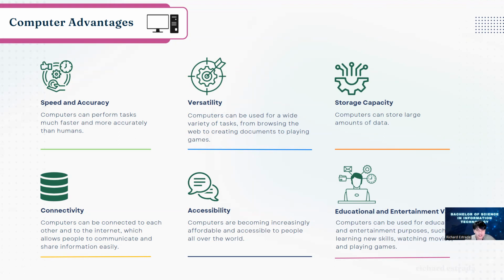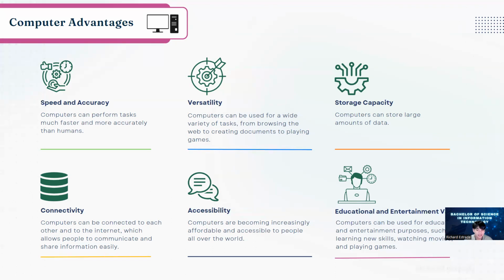Also, computers have versatility. Computers can be used for a wide variety of tasks, from browsing the web to creating documents to playing games. Versatile, and it can also multitask. While you are playing a game, you can do browsing, playing music, playing videos, and etc.